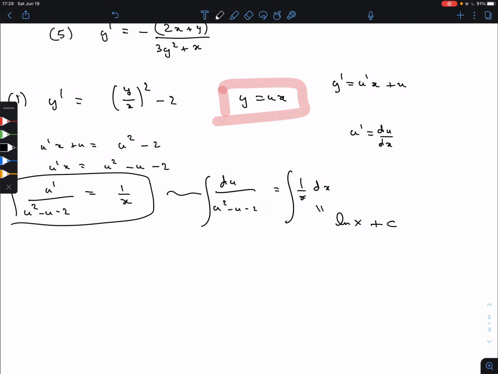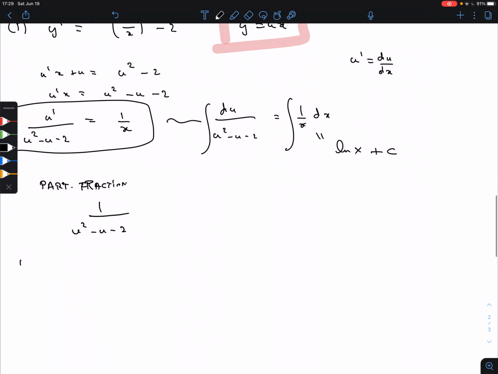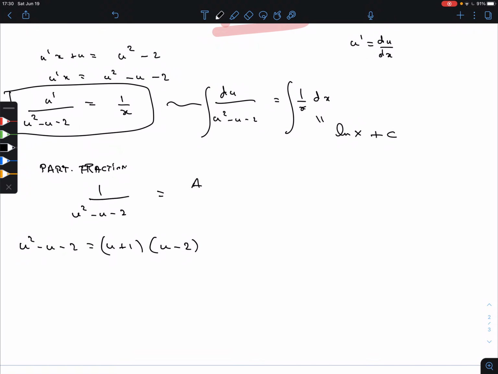What about here? That's a partial fraction. So we have to do the partial fraction of 1 over u squared minus u minus 2. Well, the first thing is, can we factor this? Two numbers that multiply to -2 and add up to -1, I think that is -2 and plus 1. So we know it's of the form a over u plus 1 plus b over u minus 2.